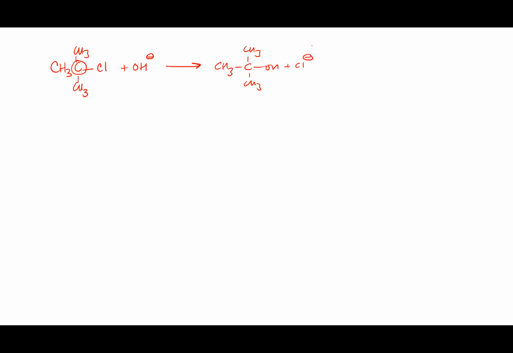And all of a sudden, when they double the concentration of the alkyl halide, the rate doubles. But when they double the concentration of the hydroxide, the rate doesn't change. It stays the same.